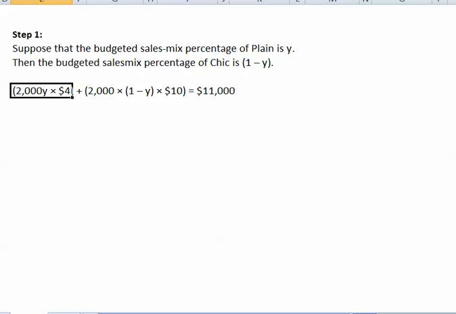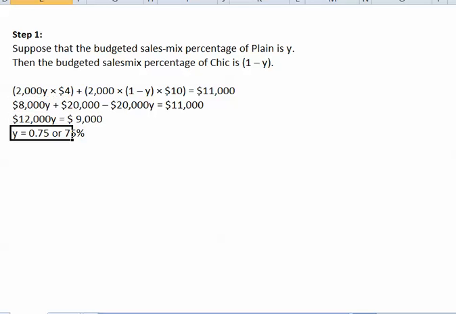We set that equal to 11,000. Solving that equation, we find y equals 75%. So our sales mix for plain glasses is 75%, or for chic glasses, 25%.